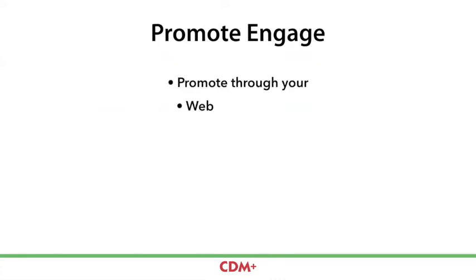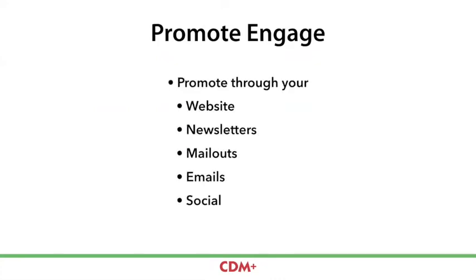So how do you promote? Because that's really the next step. You've got it all set up. You've got it on your website. How do you get the word out? Well, the best ways to do it are: promote it on your website, promote it through social media, send it out in your newsletters, do some mail outs if you want. The QR code might be a good instance of where you could use that in mail outs.